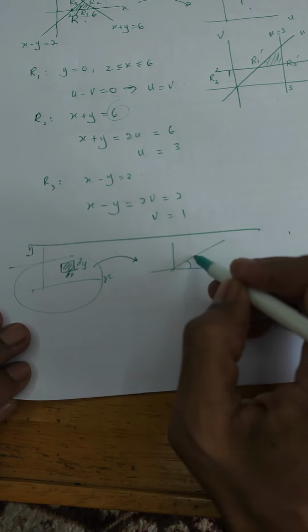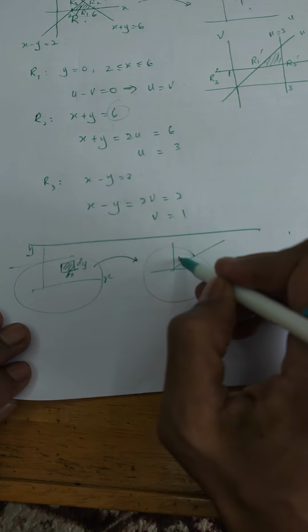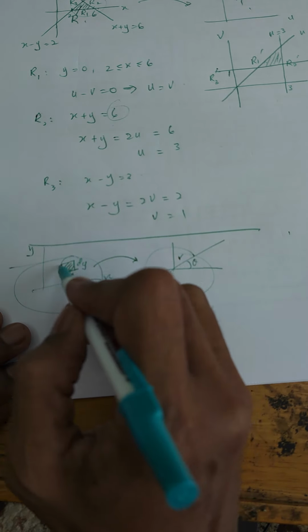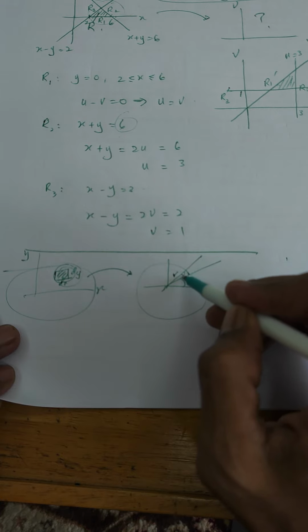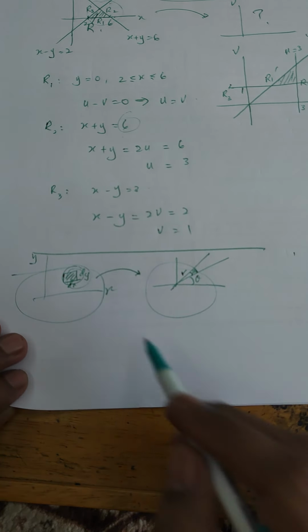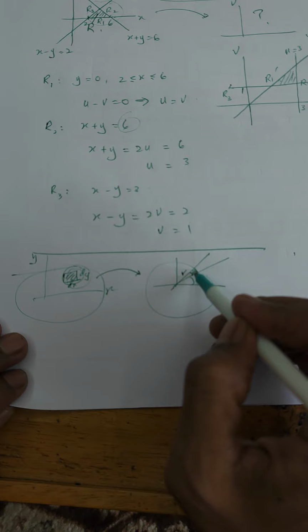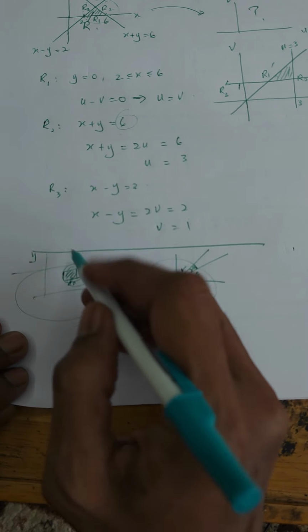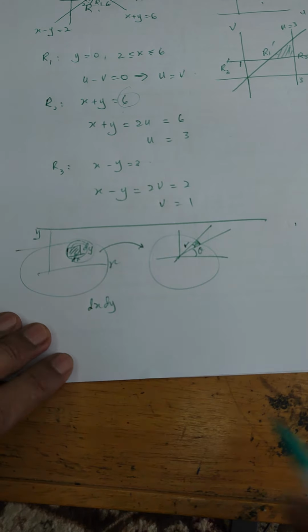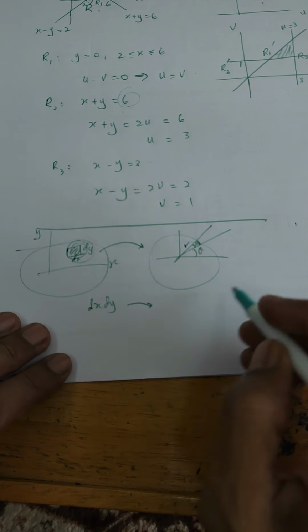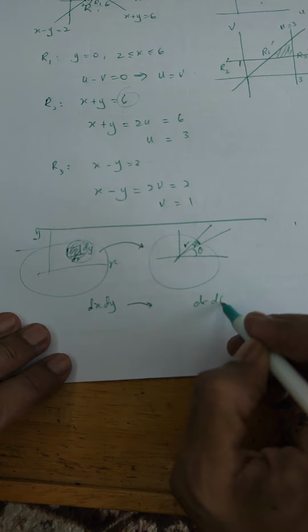We have a circle, r and theta, and this small part here we transform into a small part here. For the area of those, we have dx dy. Now we transform into dr d theta.